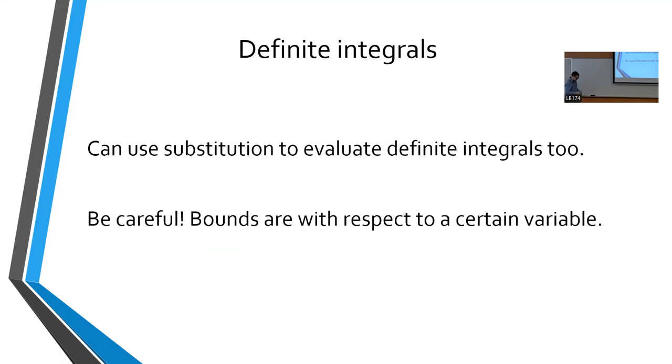Now, in this class, I'm not gonna do a lot of substitution with definite integrals. We saw how to use our calculators to deal with definite integrals, and we'll do more of that as we go on.